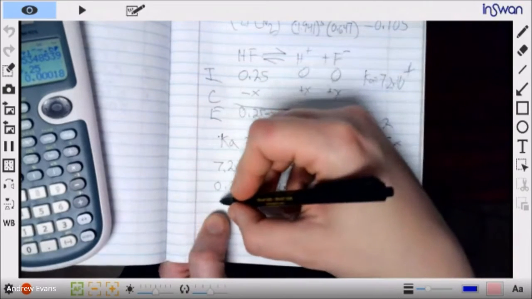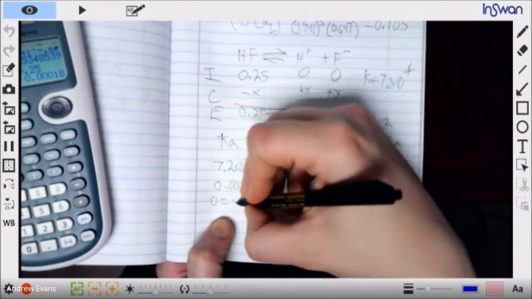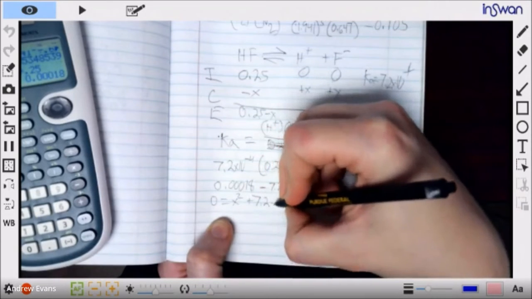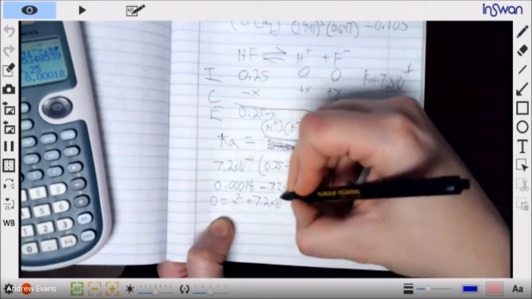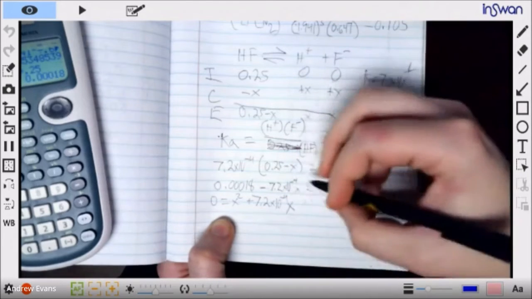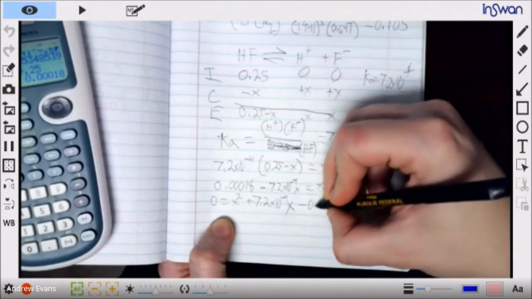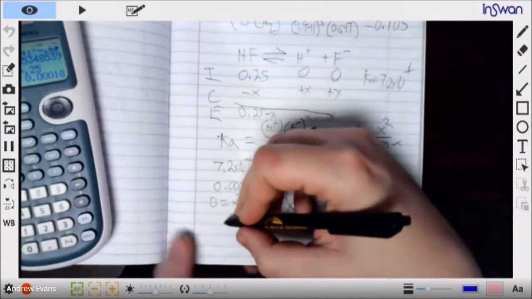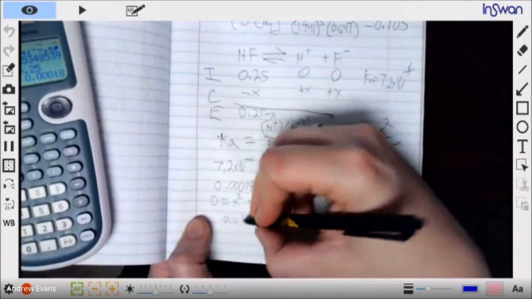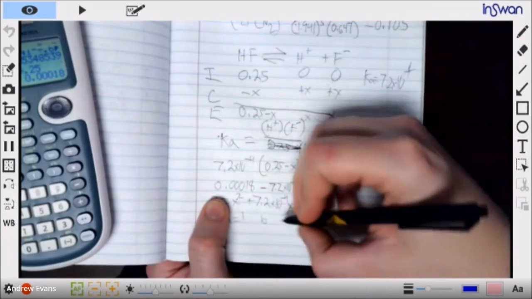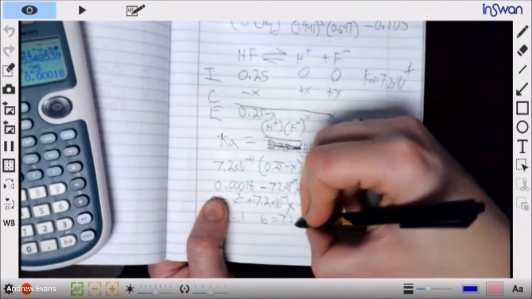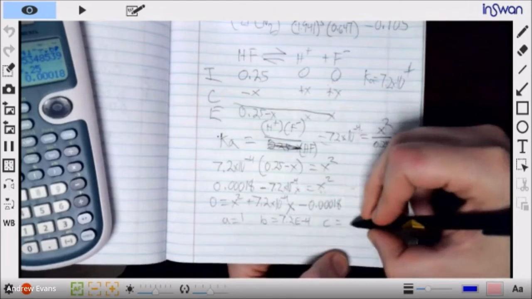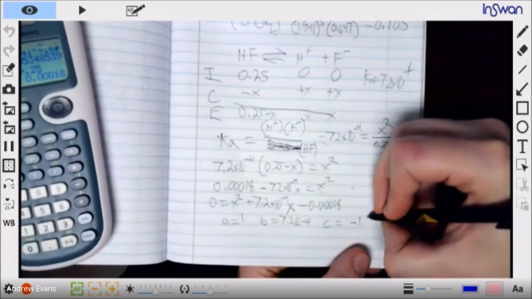So we have 0 equals x squared plus 7.2 times 10 to the negative fourth x minus 0.00018. So in this case, our A is 1, our B is 7.2 E negative 4, and our C is negative 1.8 E negative 4.